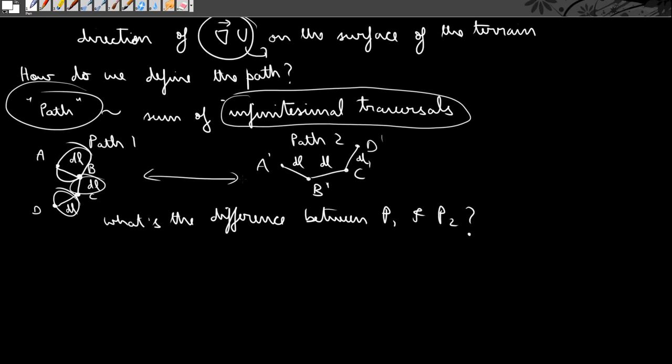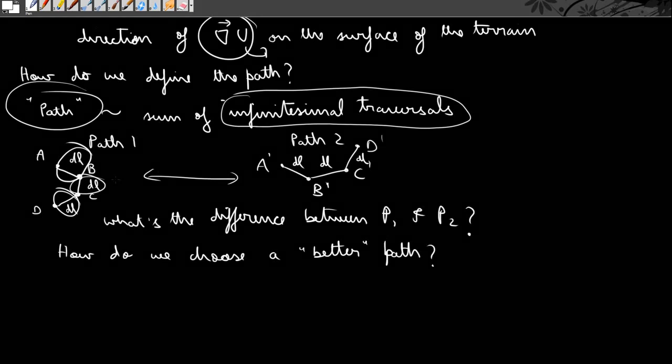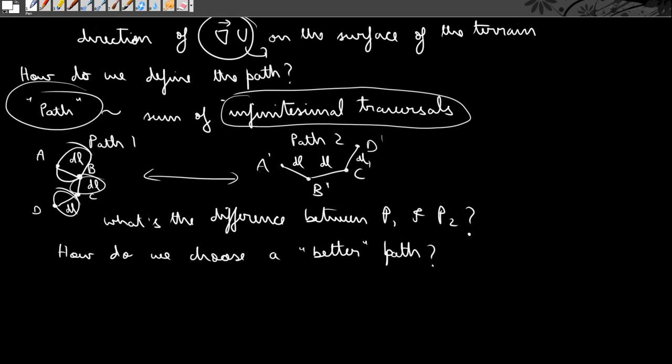How do we know that this path is different from this? Or how do we choose which path is in a sense better? We need to somehow be able to differentiate between these two paths. Or in some sense, we need to say that one of these paths is more preferable to the ball as compared to the other. So how do we say that?